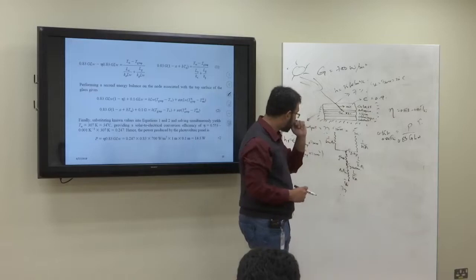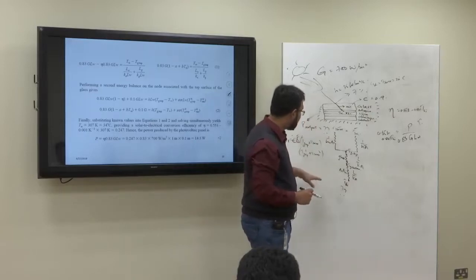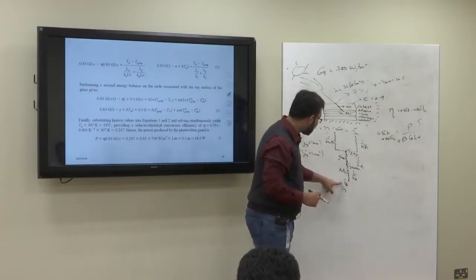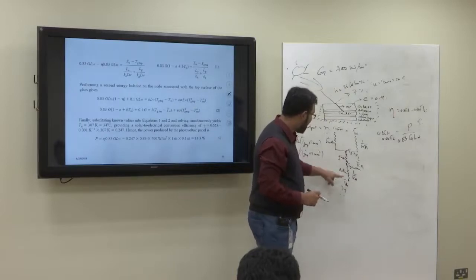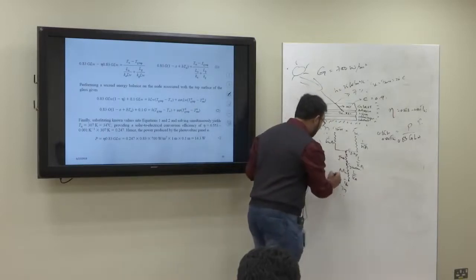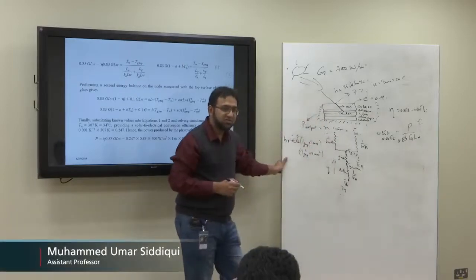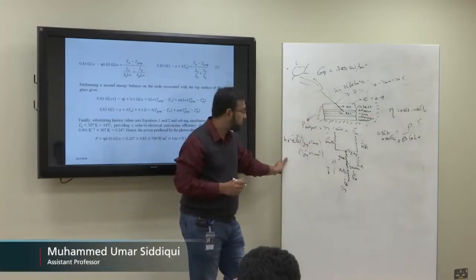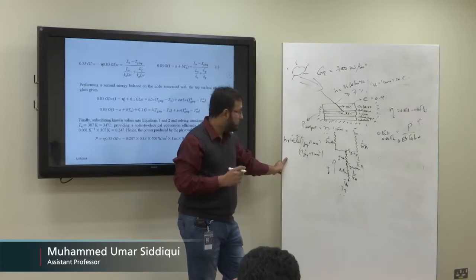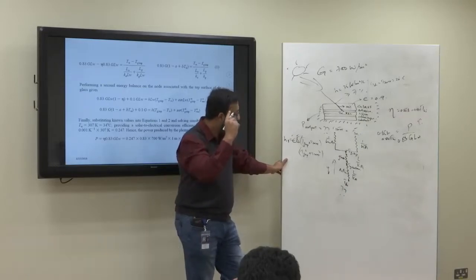Heat is coming from the silicon, it has to go out, and so from TSI to TG top, how much is the heat which will be flowing? First of all, the heat amount will be same. It's a series circuit from TSI to TG top. It's a series circuit, but the thing is that how much is the heat amount?